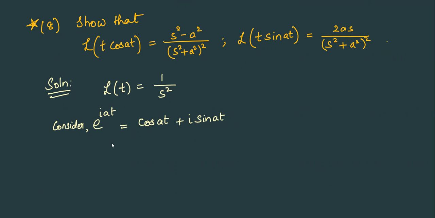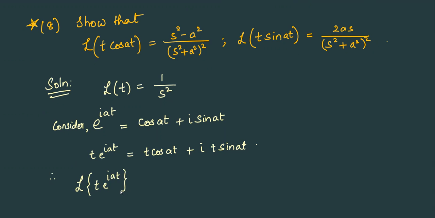So when we do this, t times e power i a t is t cos at plus i t sin at. Therefore, the Laplace transform of t times e power i a t is the Laplace transform of t cos at plus i times the Laplace transform of t sin at.